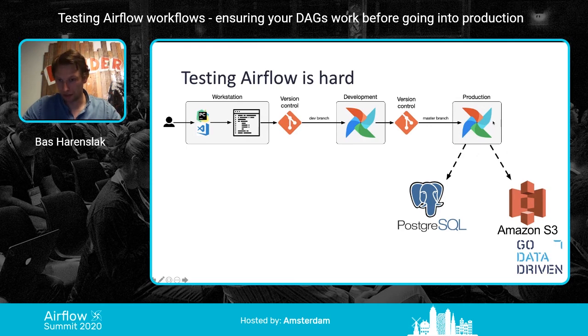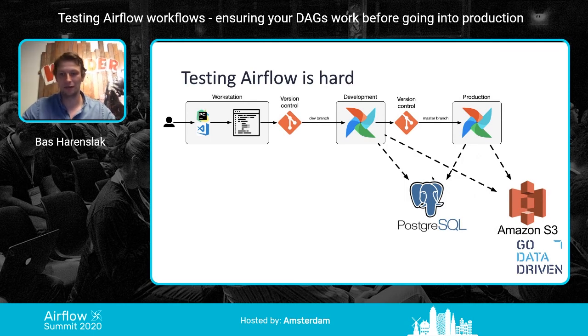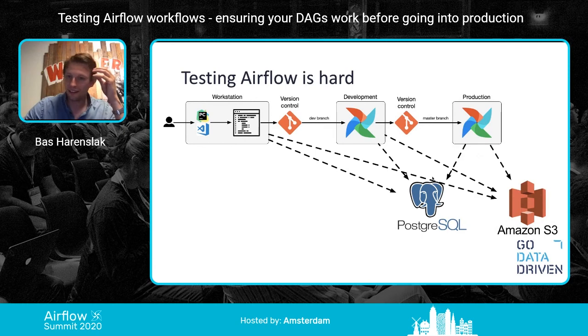And for example, your production system could hook up to a Postgres database and Amazon S3 and maybe some other systems. So in order to ensure that your workflow also works in development and locally, you would also have to connect to these systems from all the other machines that you're developing or working on.